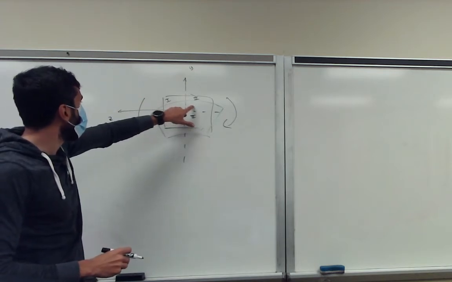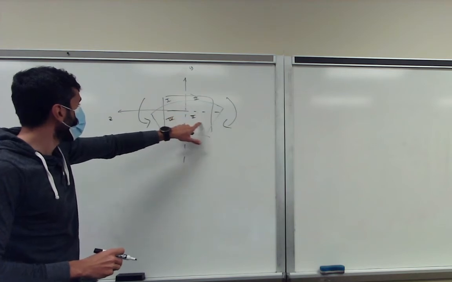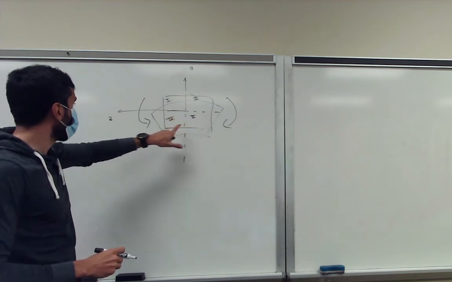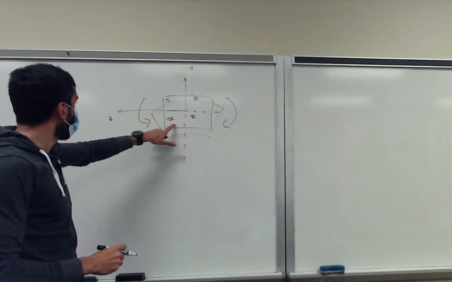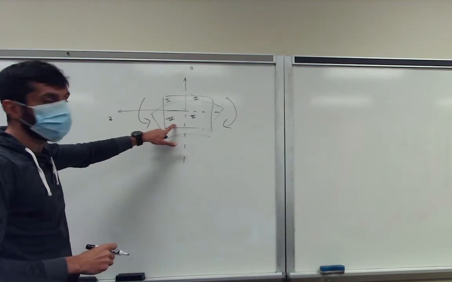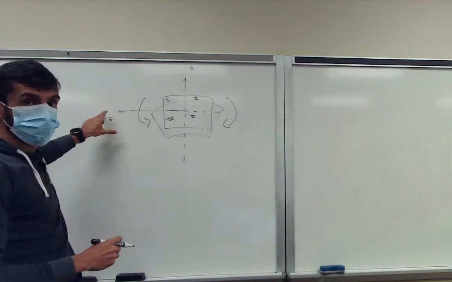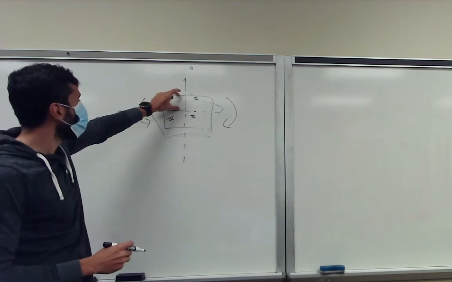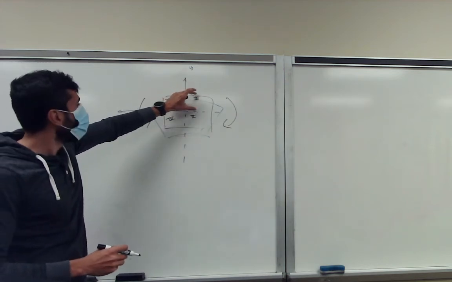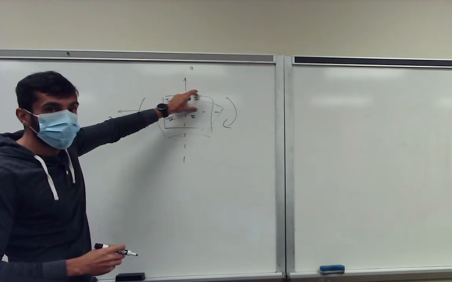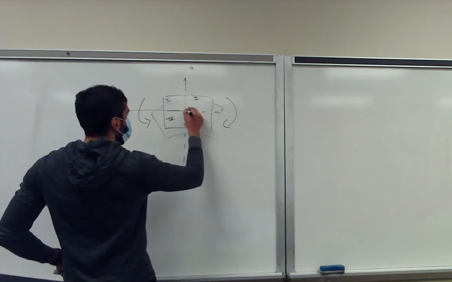This is positive y, negative z. This is negative y, negative z quadrant, and this is negative y, positive z quadrant, based on your axis system. So the coordinate systems here are defined by positive x and y. Here they are defined by positive y, negative z, because this is the origin.